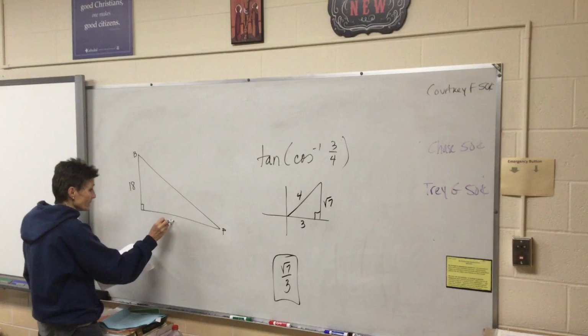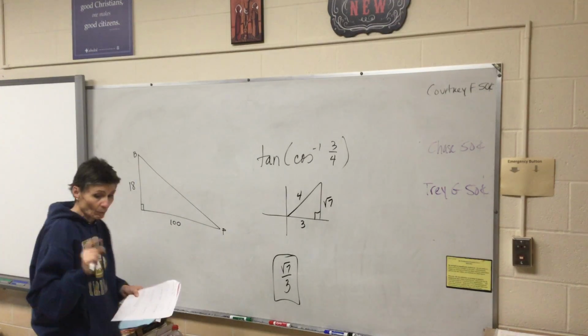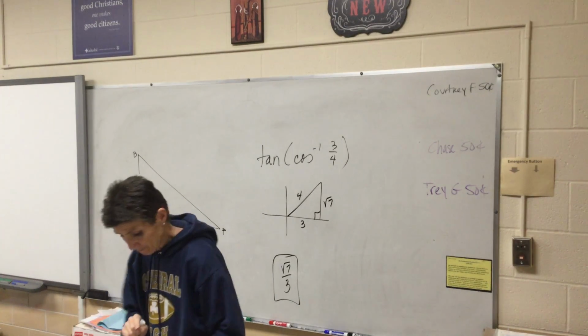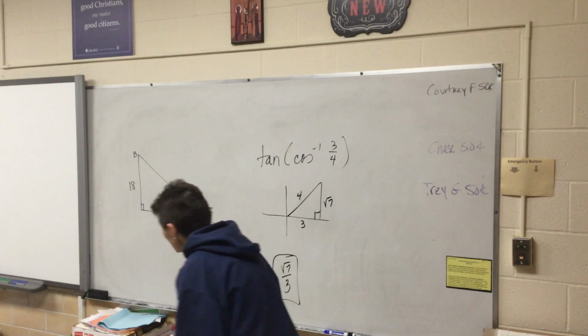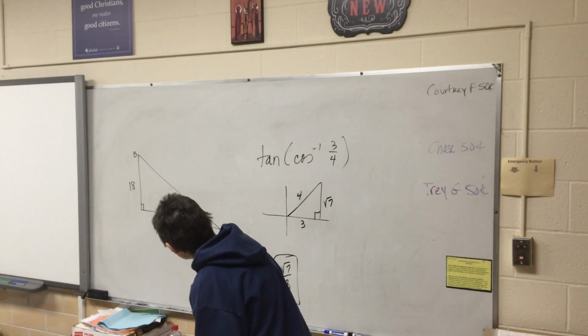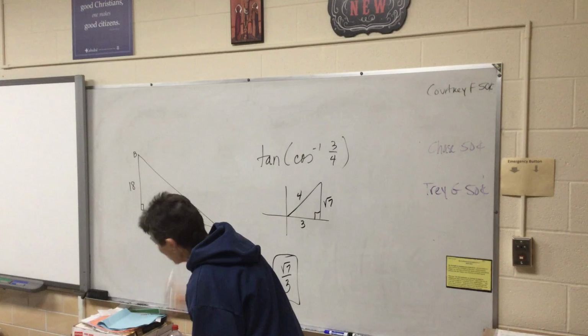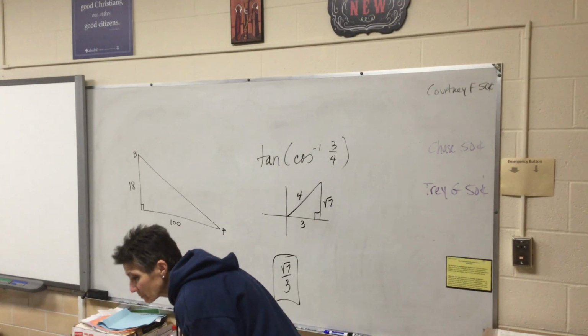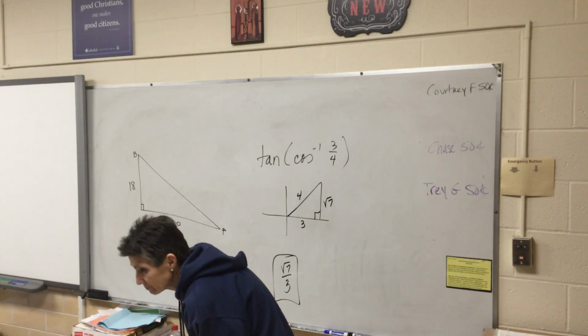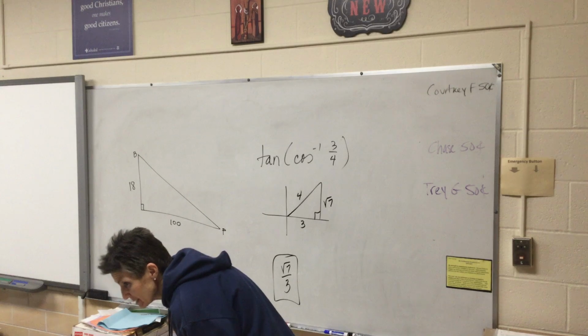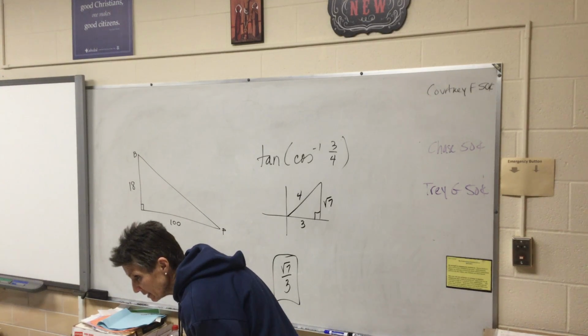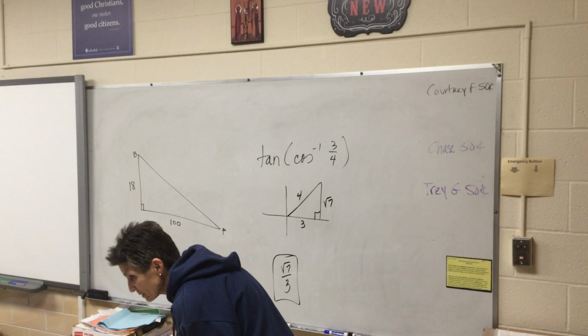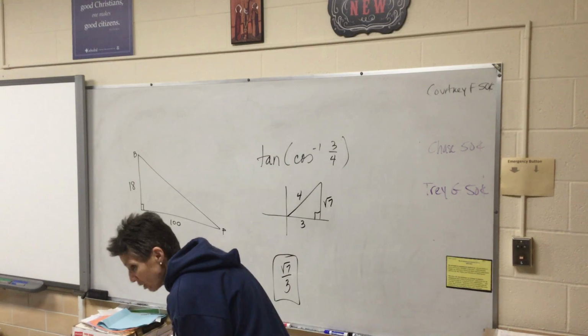So here's the point, and that's 100. Now, I want you to look at that picture and tell me if you have a question about why I put the numbers where I put them. Does that make sense to everyone that the 18 and 100 are where they are?